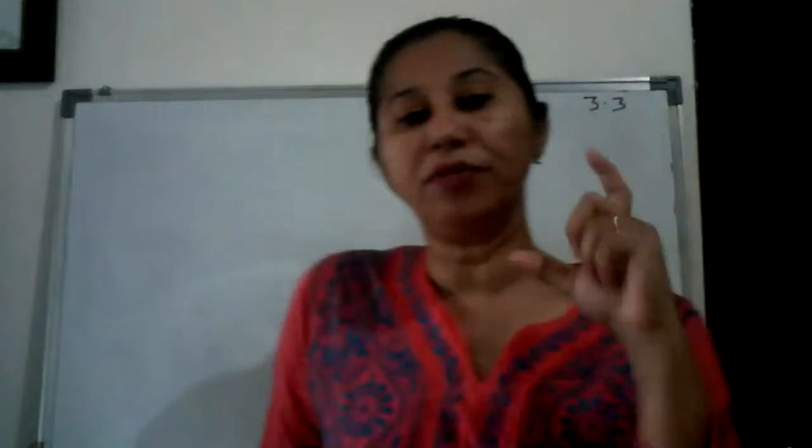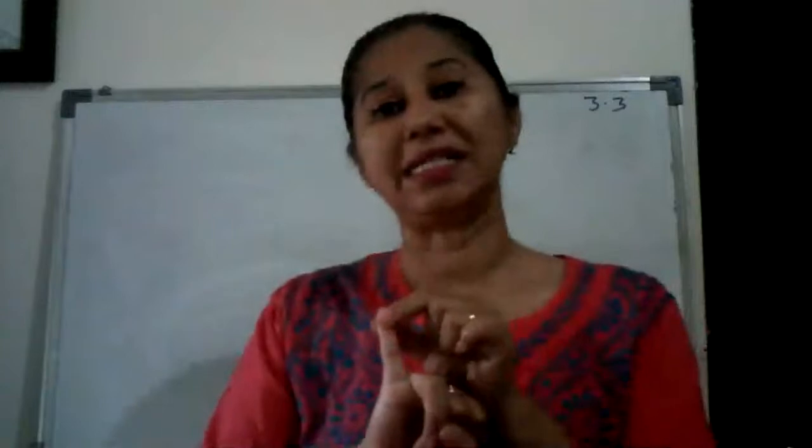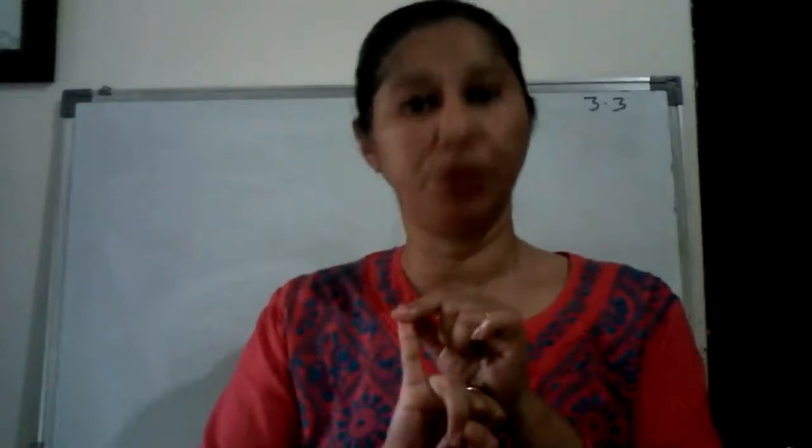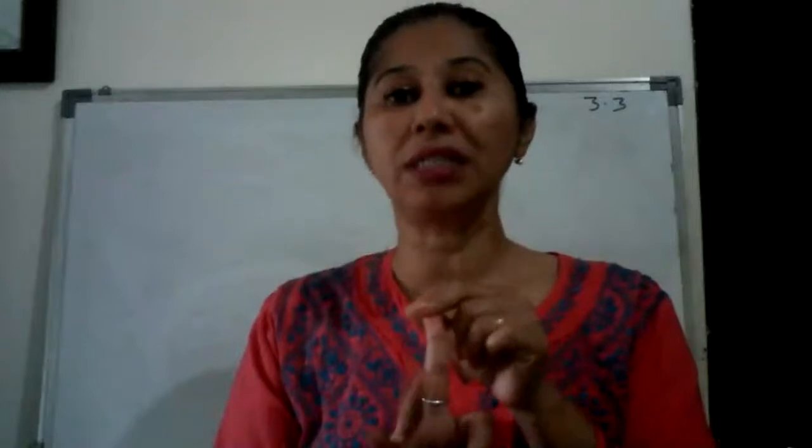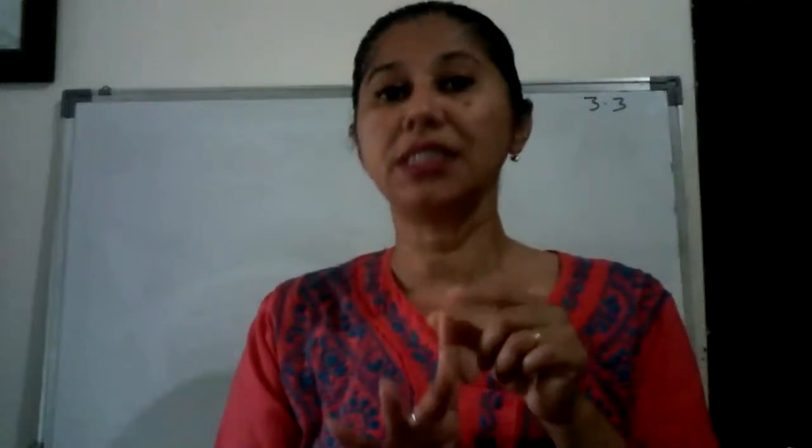Before starting that, quickly have a recap of these statements which you have to remember. 1 is neither prime nor composite. 2 is the only even prime number. 3 is the smallest odd prime number. 4 is the smallest composite number.